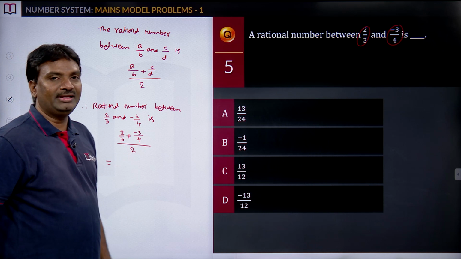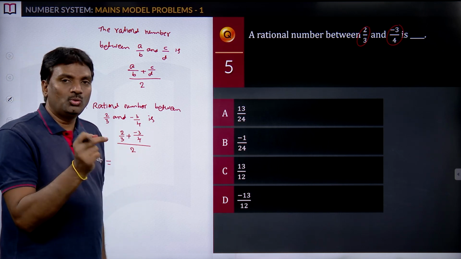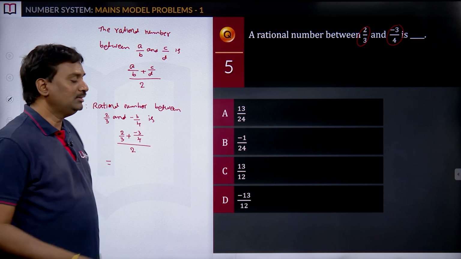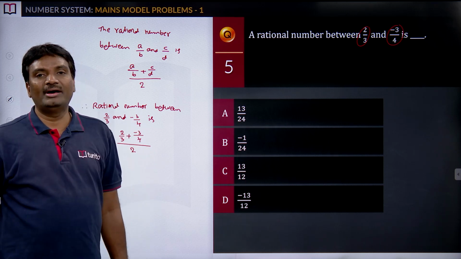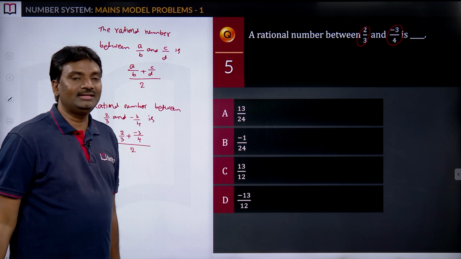So in the numerator we can take 12 as the LCM. Here when we are trying to add two rational numbers, we have to check whether the denominators are the same or different. If the denominators are different, then you can take the LCM.